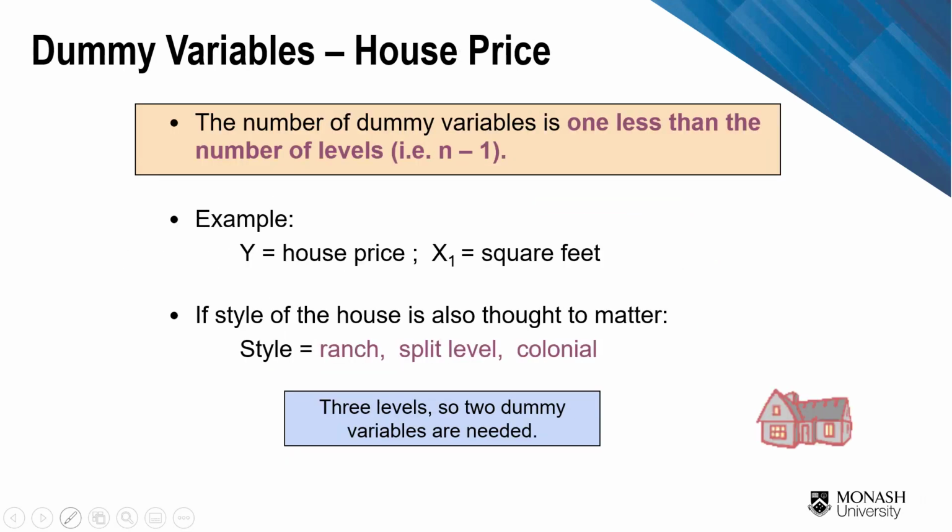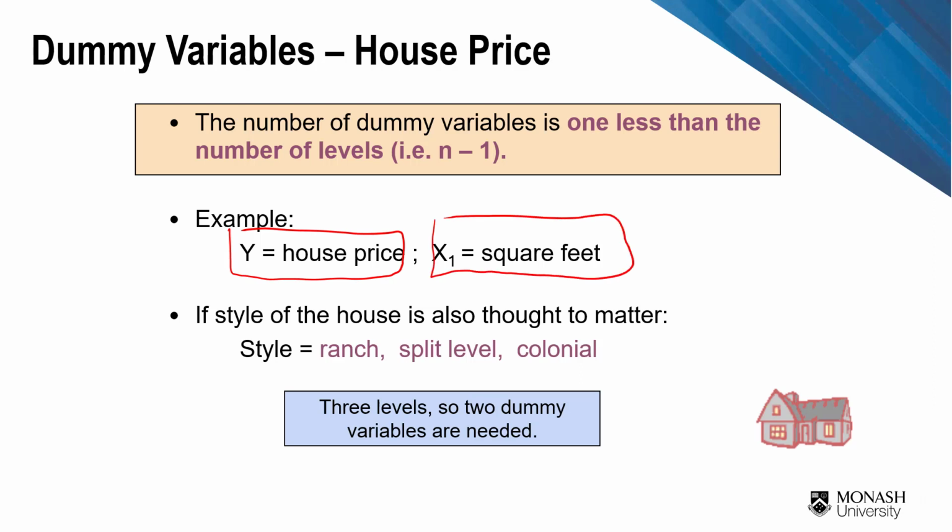Now, how about if you have more than 2 levels? Okay, let's take a look at this. Okay, now for example, we know that my dependent variable is house price, right? My independent variable is square feet, right? All right, and you can see here square feet is a ratio.